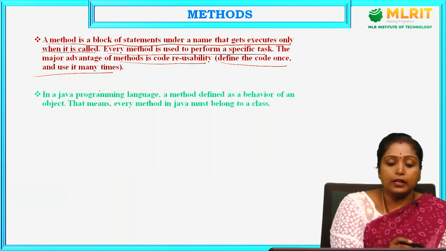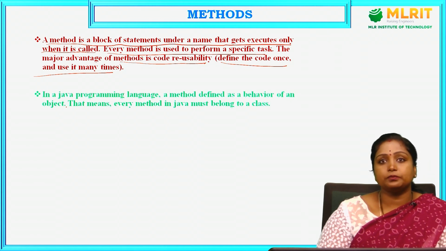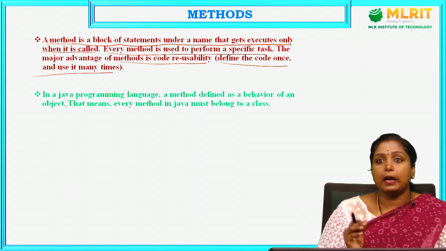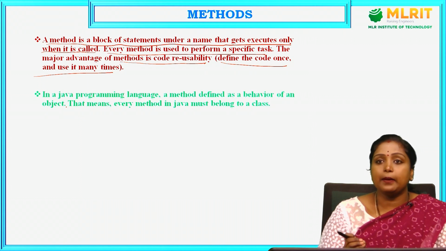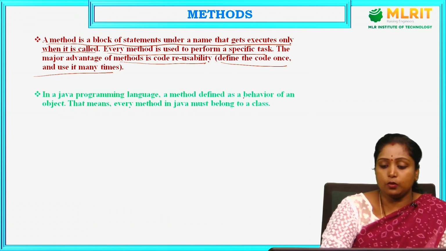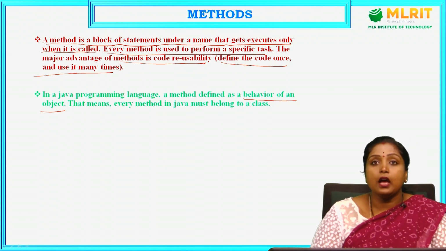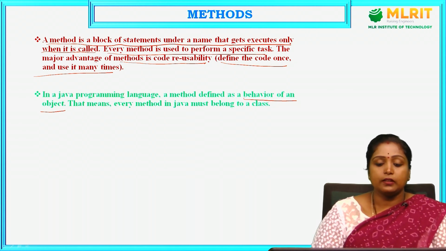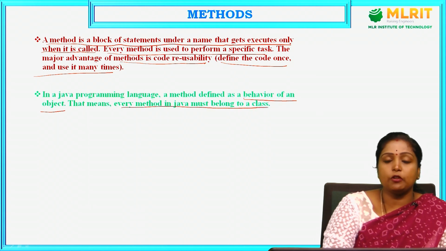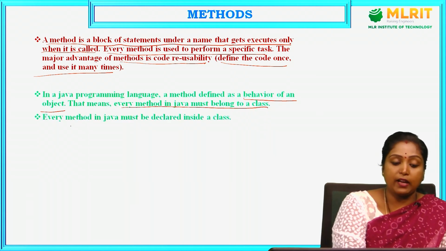In the Java programming language, a method defines a behavior of an object. That means every method in Java belongs to a particular class. Why?